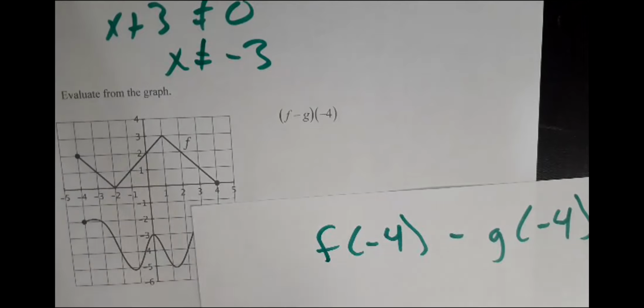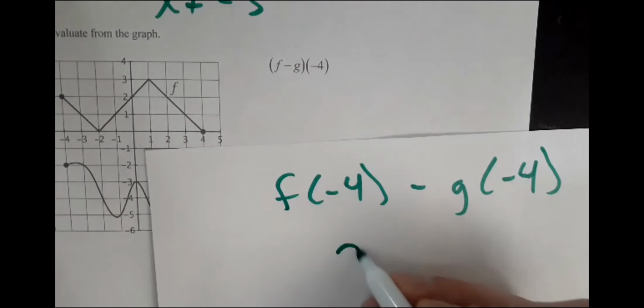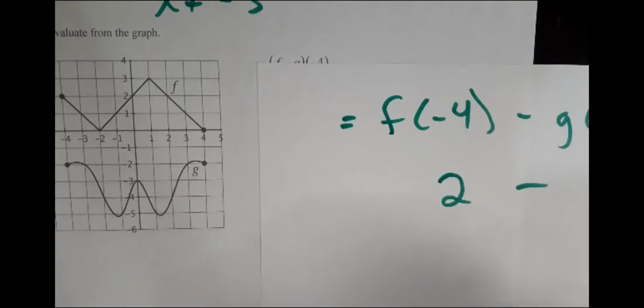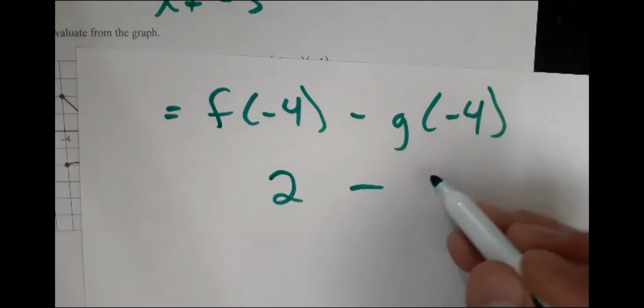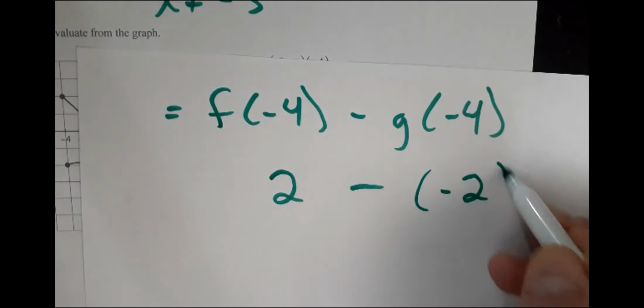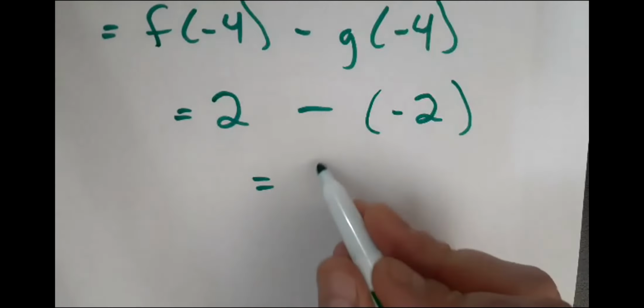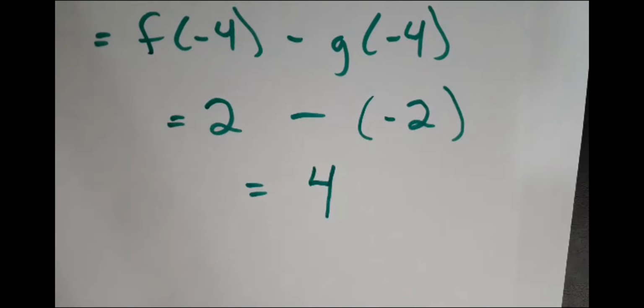That's giving me a y value of 2. And I want to subtract what g is at minus 4, which I look along here. My g is minus 2. I want to subtract a minus 2. So overall, this is going to give me a positive 4.